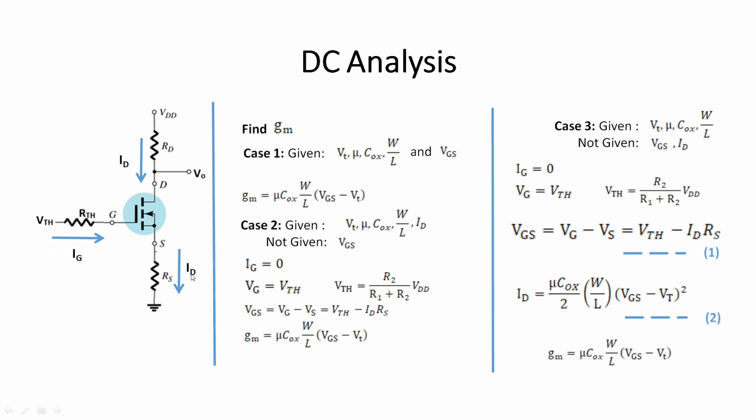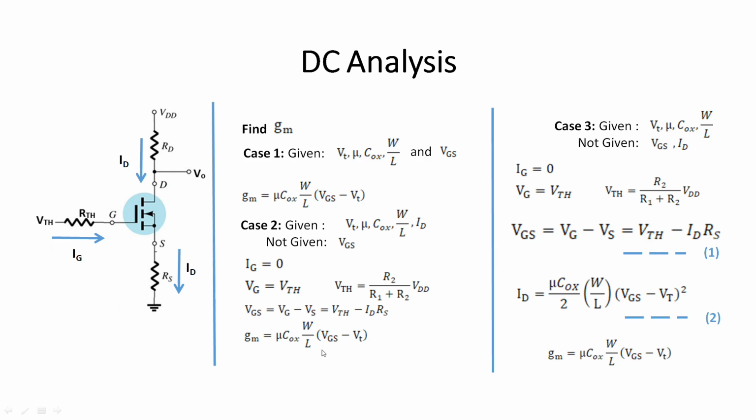So the potential drop across RS is ID into RS, and this potential drop appears at the source terminal. So VS equals ID into RS. So VGS equals VTH minus ID into RS. In this way, we can find the gate-source potential difference. Now, using this value, we can easily find the transconductance using the same equation used in the previous case.